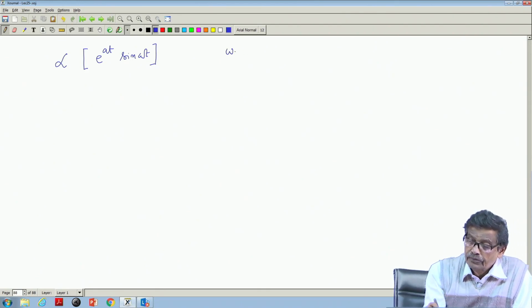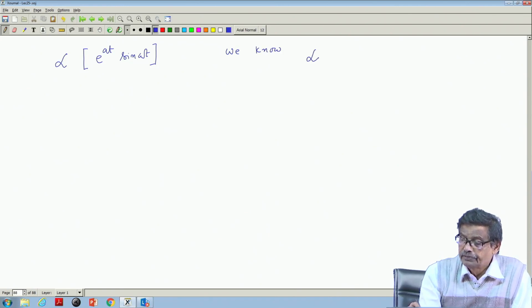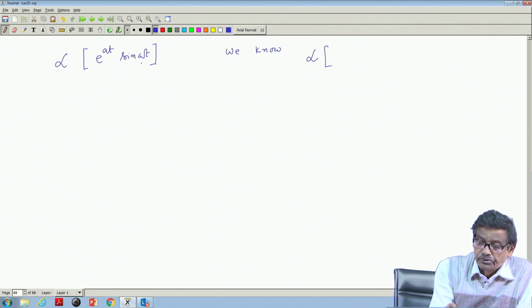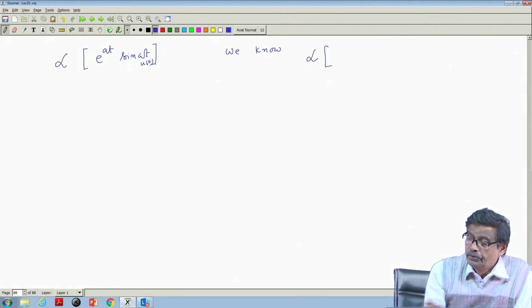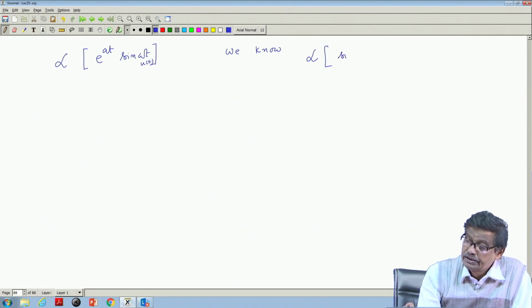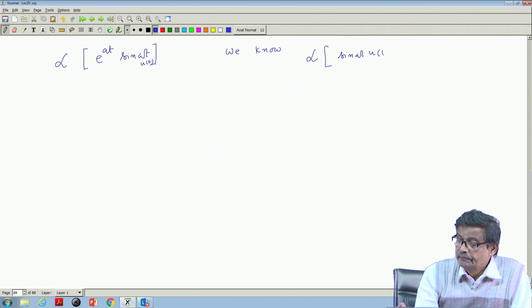We argue like this: we know the Laplace transform of sin omega t u t is equal to omega by s square plus omega square.